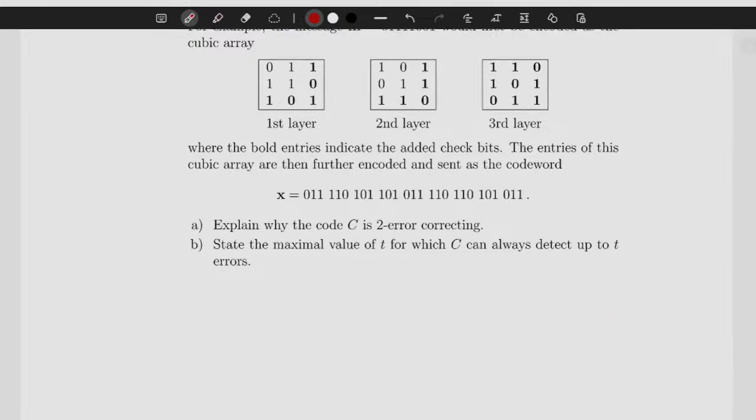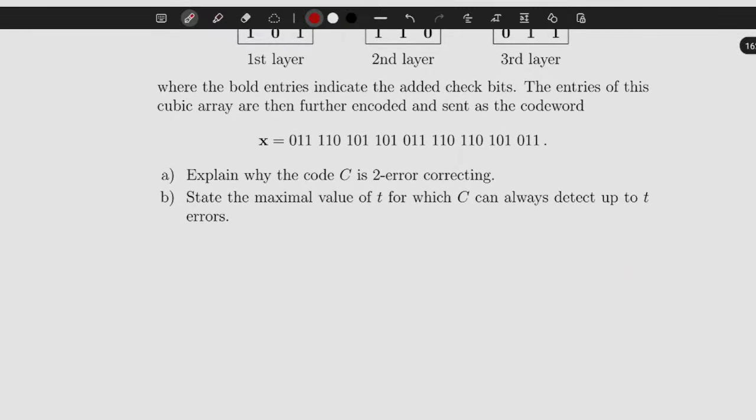So if I were to say that out in a nicer way, if there is at most 2 errors, we can rotate the cube such that a layer has only one error.